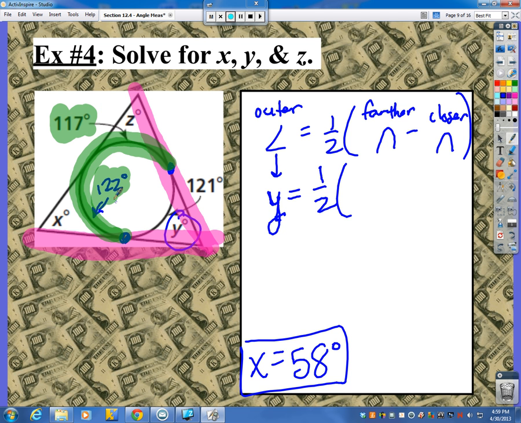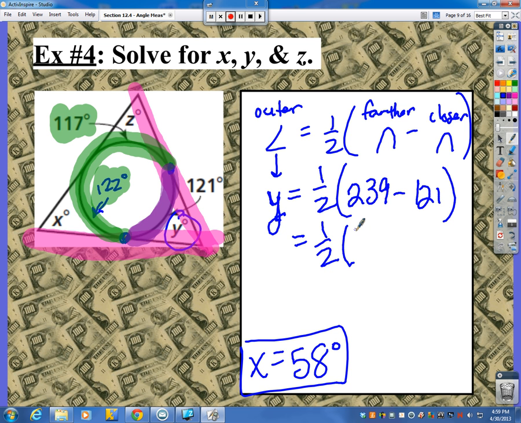So what is 122 and 117 add up to be? 239 degrees, minus the closer arc to angle y, which would be just from here to here. And that's the 121. So let's see. 239 minus 121, that makes 118. Half of 118 is 59 degrees.